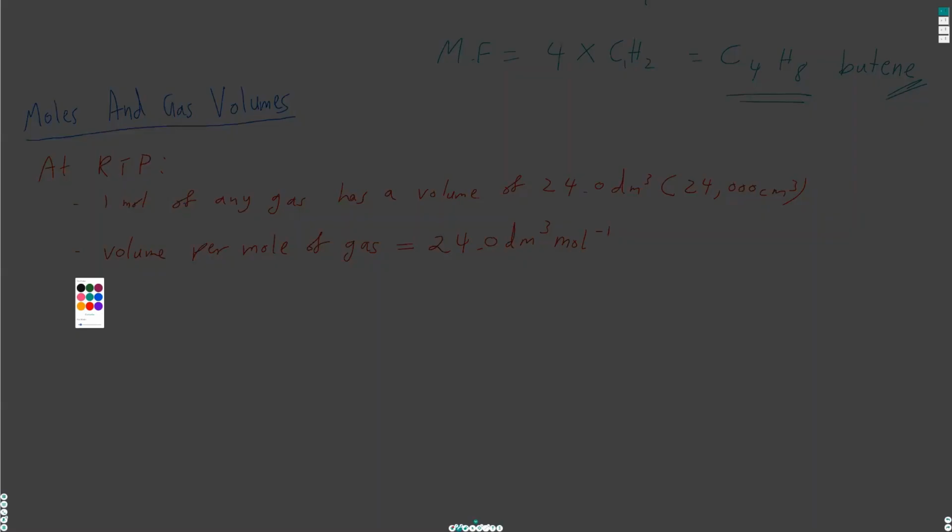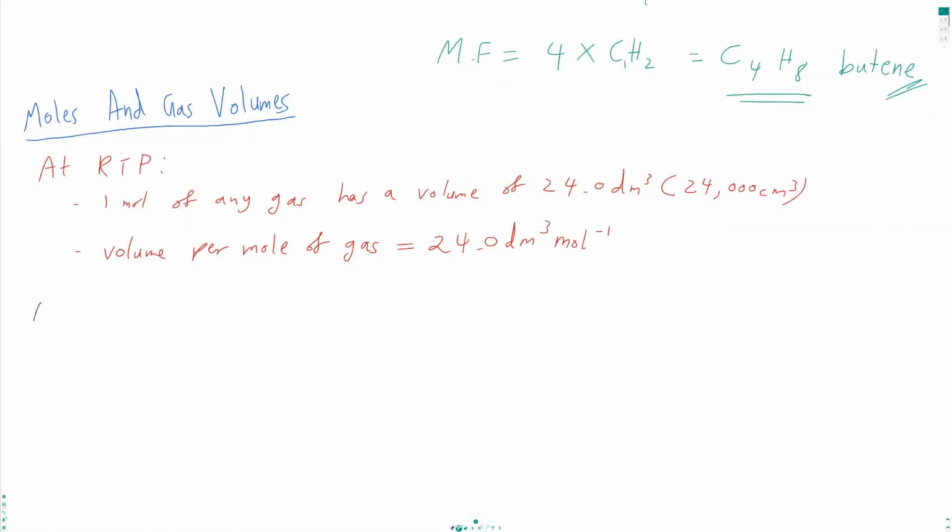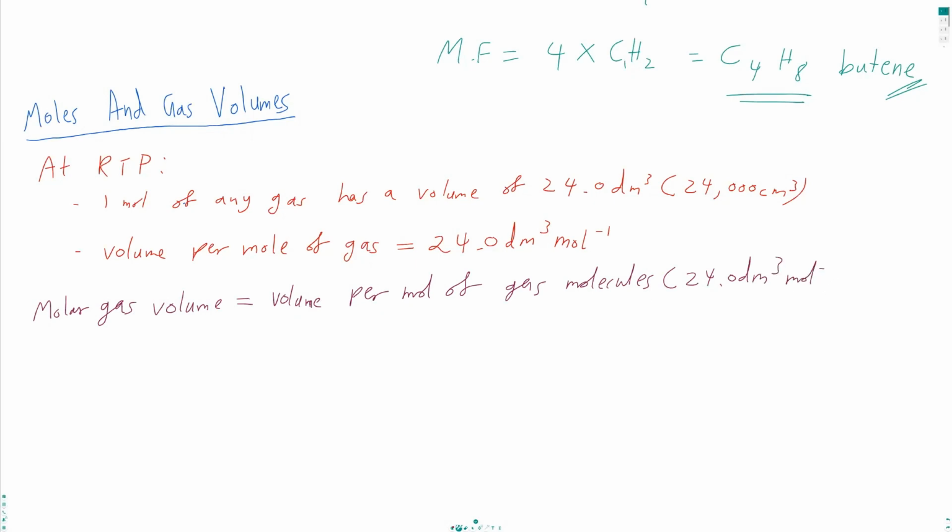So this is the key definition here. Molar gas volume is equal to the volume per mole of gas molecules. And that is 24 dm cubed mol to the minus 1.